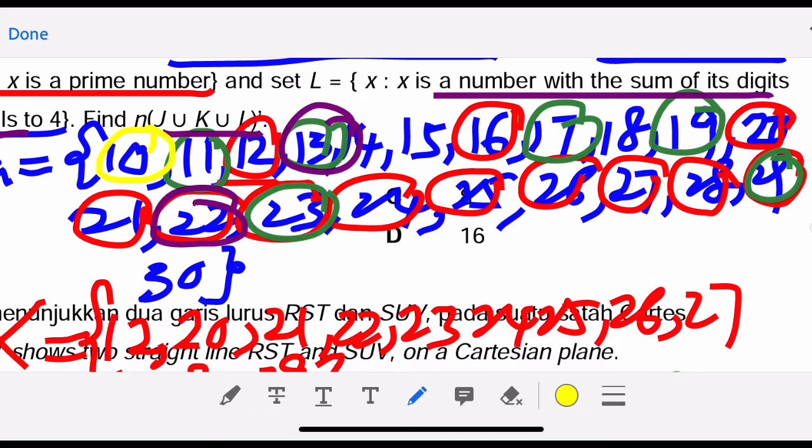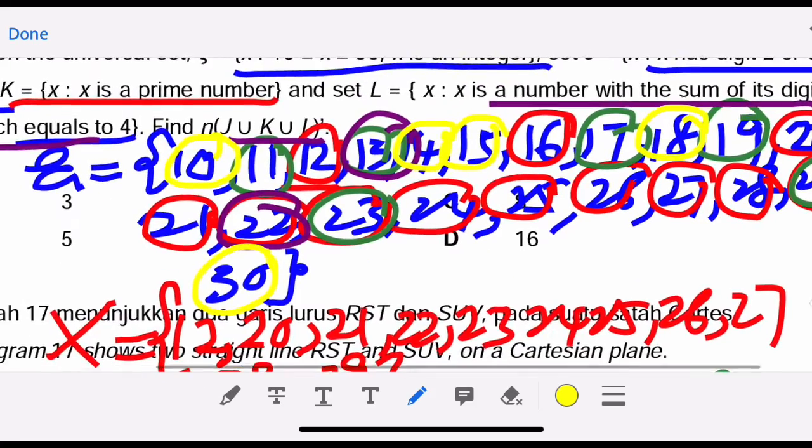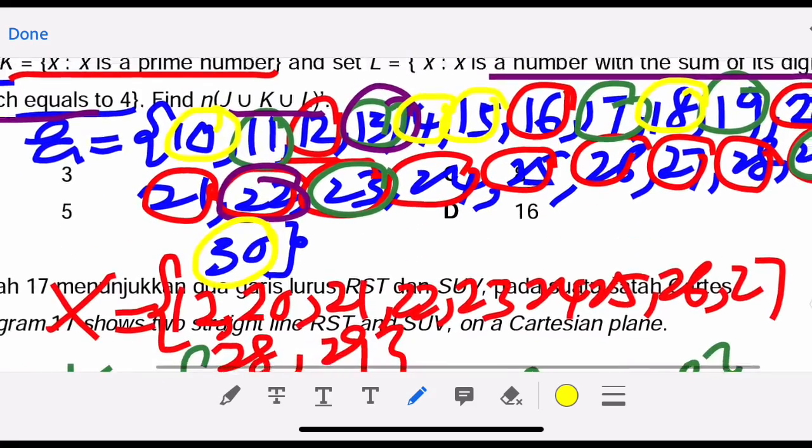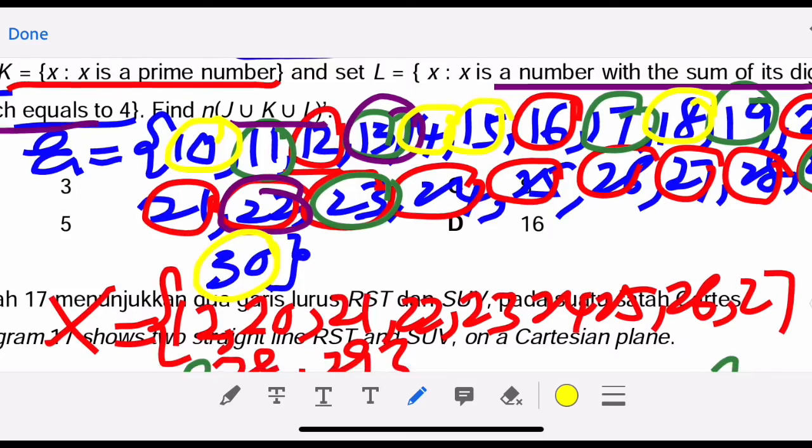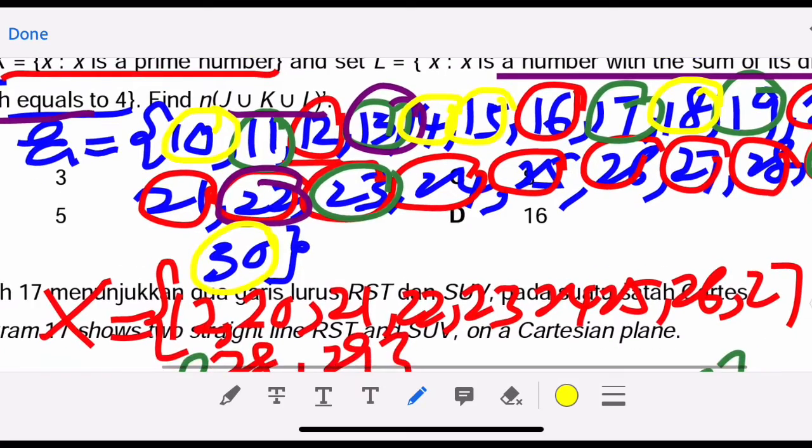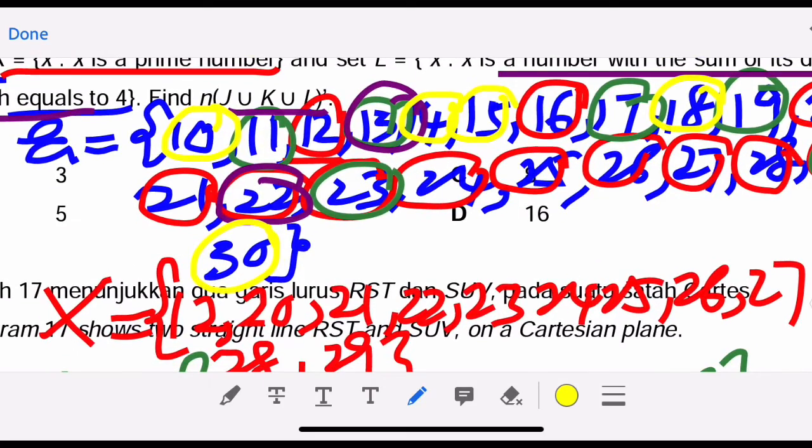So the 10, the 14, the 15, the 18, the rest, if we union, we will see they are green, red, and purple. So the union are all the ones in the 3 colors. And the complement means the ones not circled just now, that means the ones that I circle in yellow.